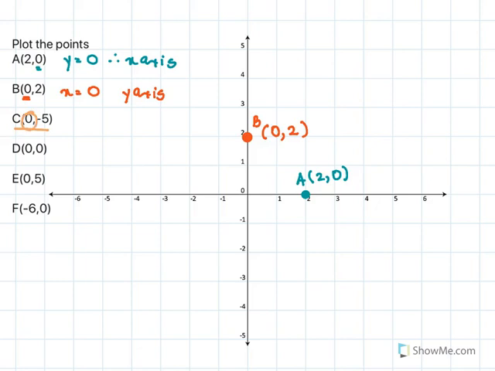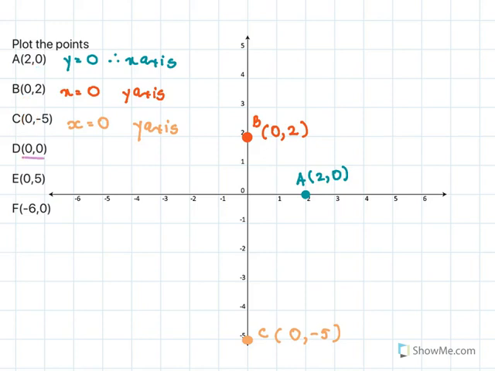Here we see that x is 0. If x is 0, it lies on the y-axis. So here the vertical is the y-axis, and 0, -5 is here on the y-axis. That's point C, and it is 0, -5.